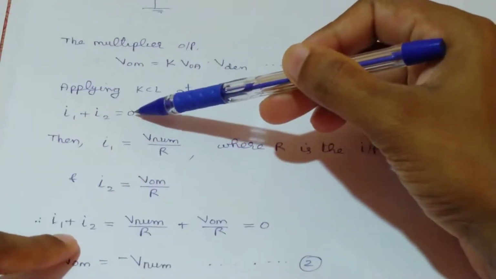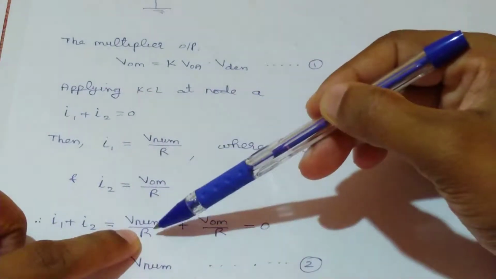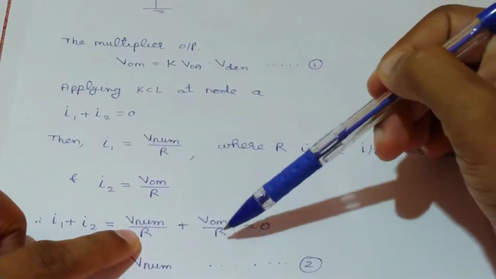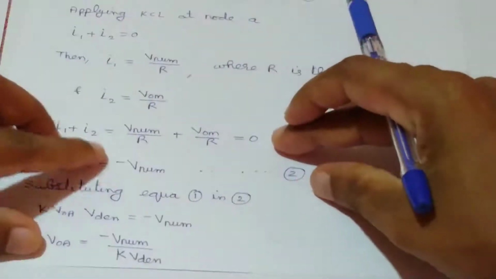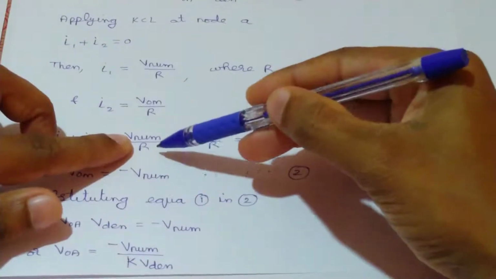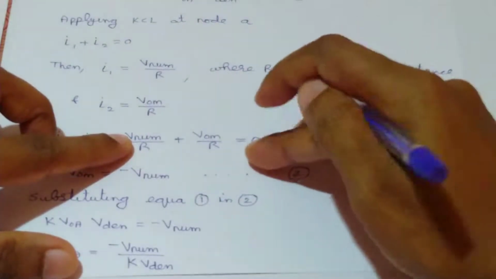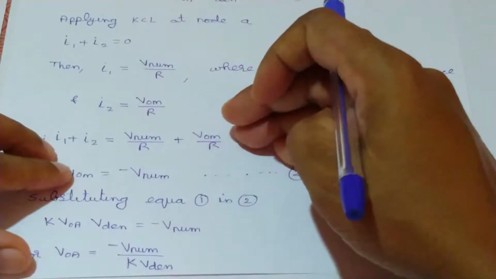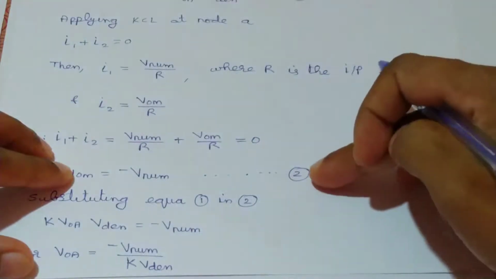Hence we will get I1 plus I2 equal to 0, or V numerator divided by R plus VOM divided by R is equal to 0. From this we can write V numerator divided by R is equal to minus VOM divided by R, and from that VOM is equal to minus V numerator, and this is our equation 2.